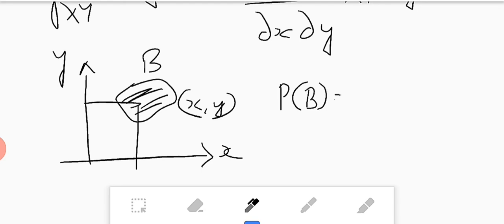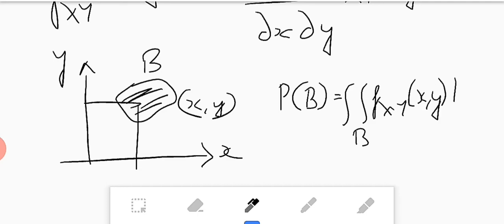Probability of B you can find by integrating your joint PDF with respect to the x-axis and with respect to the y-axis, dx dy. This is how you will get the probability of event B occurring.